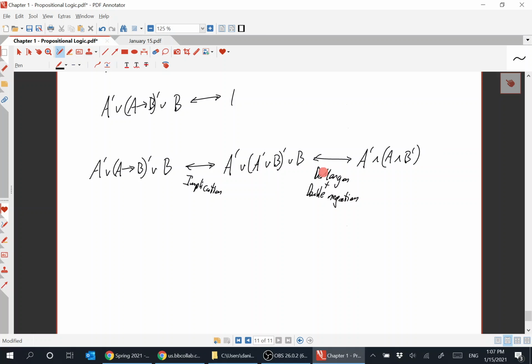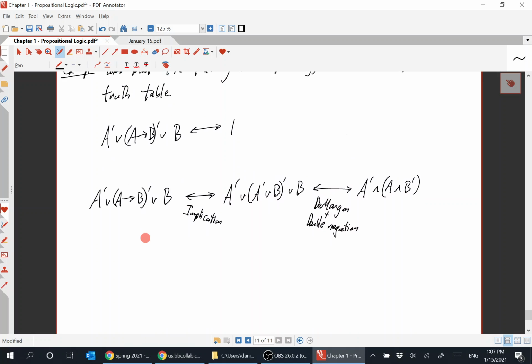Or, whoops, did I change something? This was an or, I'm sorry. B not, and then or B. Okay, so that was De Morgan and double negation. We have A not or B, and we negated that. So that becomes A not not and B not. But the A not not is just A.